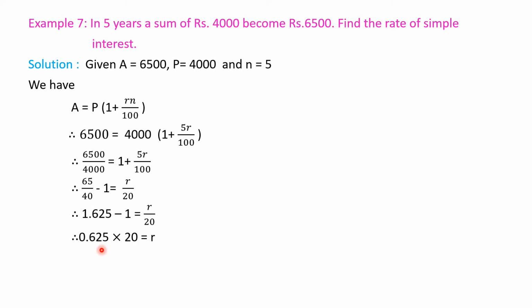After simplifying this, 20 is multiplied on the left side. Therefore, 0.625 into 20 is equal to R. Therefore, R is equal to 12.5. So, the rate of simple interest is 12.5%. Required rate of interest is 12.5% per annum.